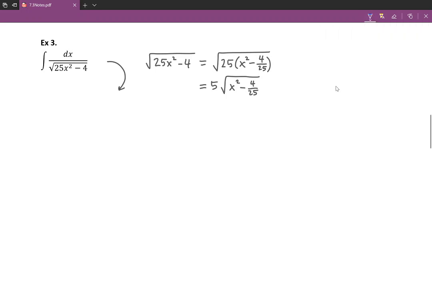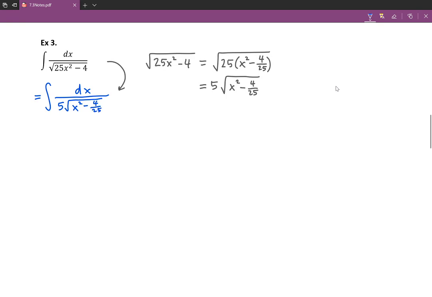All right. So what we can do is write what we have so far, which is the 5. So the integral of dx over 5 times the square root of x squared minus 4 over 25.